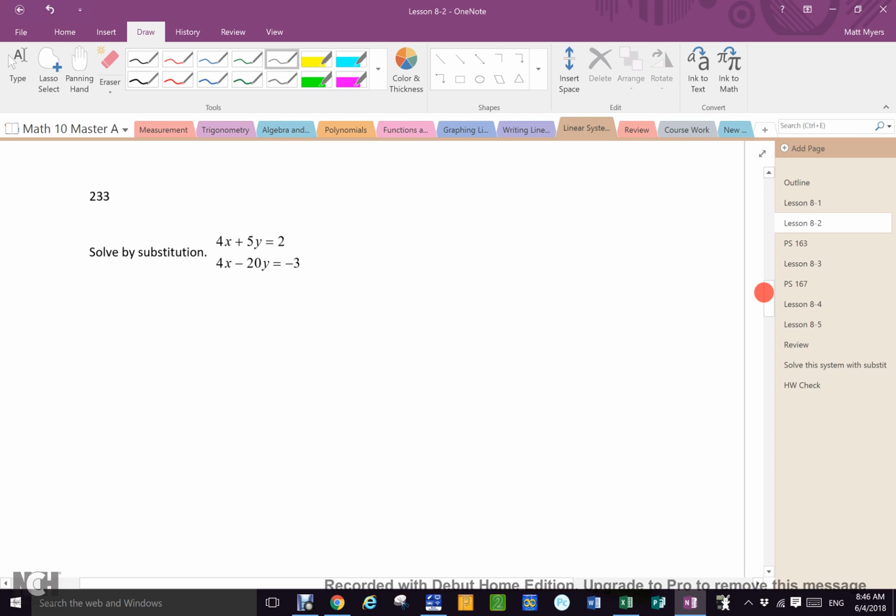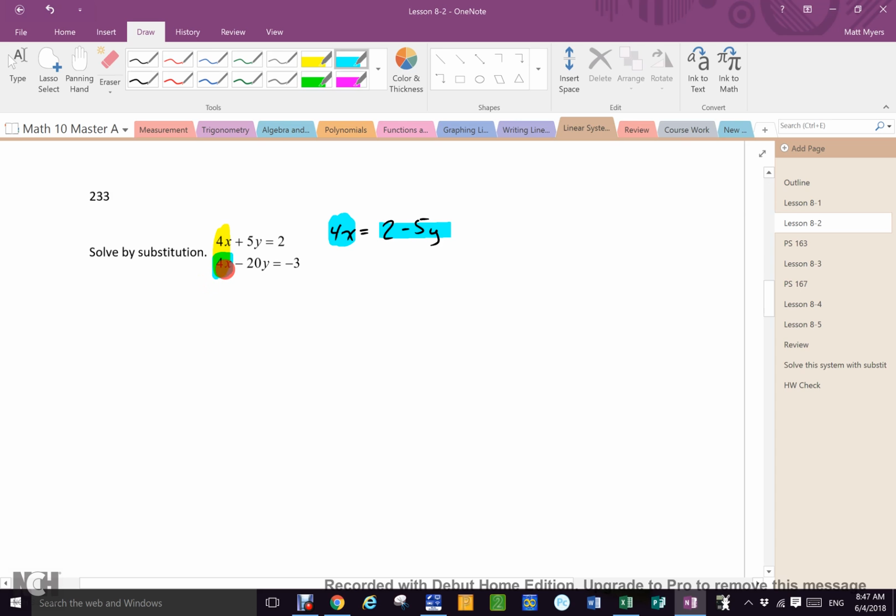But I'm going to offer you one more piece of advice. What do you see there and there? They're the same. So, does 4x equal 2 minus 5y from this equation? Everyone agree? Well, if 4x equals that, what do you see right there?